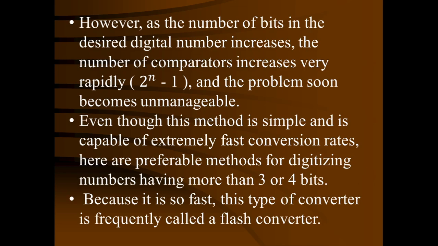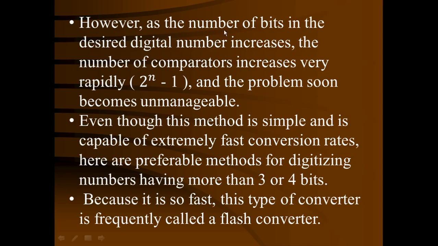That means 2 raised to 8 minus 1, 255 comparators are required to convert the analog input voltage into digital form. Moreover, you require a reference voltage which is going to divide the range from 0 to plus V into 256 ranges, 255 levels. So the circuit becomes very complicated and unmanageable.